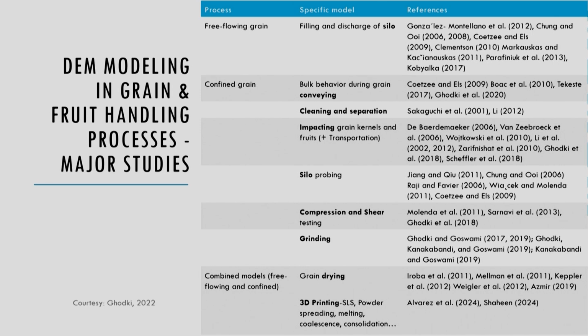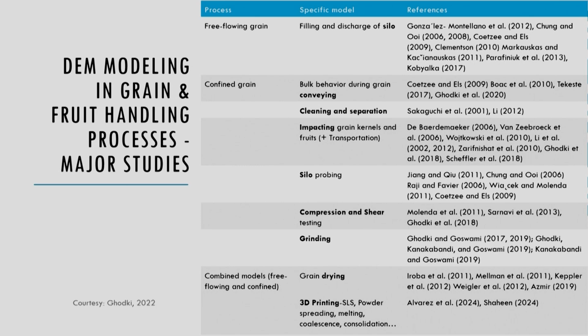Then impacting of the grain kernel, or impacting of the fruit during transport. Say I am transporting an apple, so I need to see the impact during the transportation on the apple. Is there any damage on the apple, a bruise damage or so? That can be done through the DEM. Silo probing, compression and shearing, and grinding.